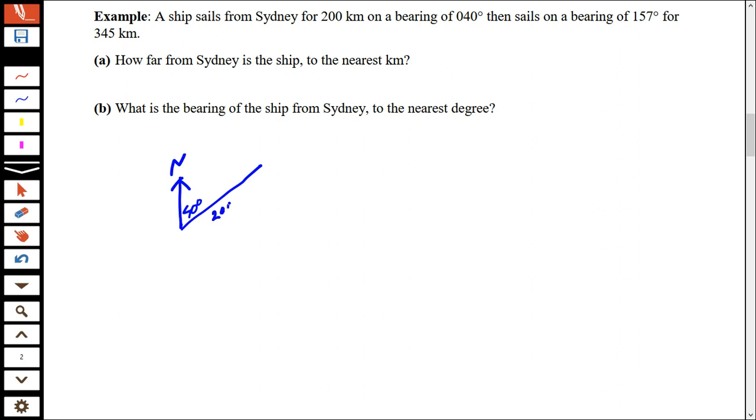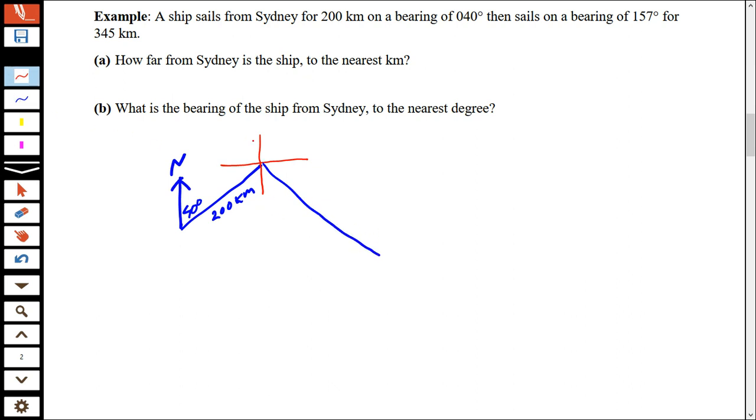And that's for 200 kilometres. And then they travel on a bearing of 157 degrees. So we could draw a second compass in. Now, bearing of 157 degrees will be down here somewhere. How many kilometres? 345 kilometres, so it's a bit longer than the other one.